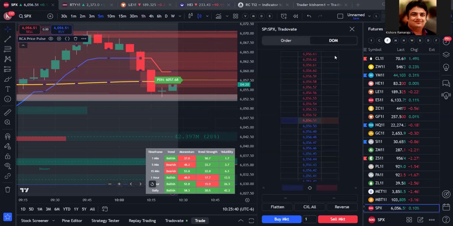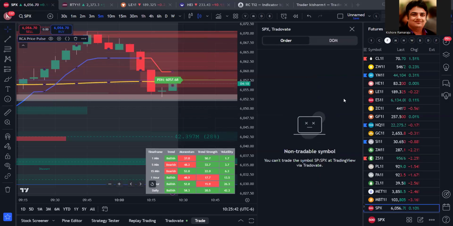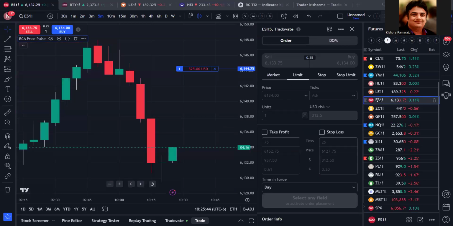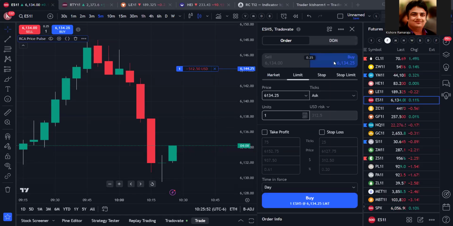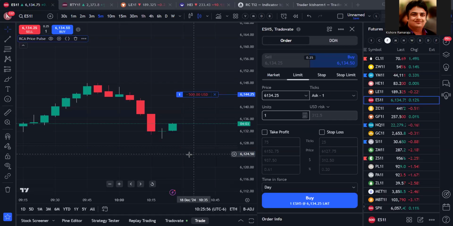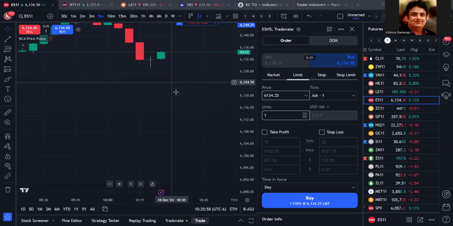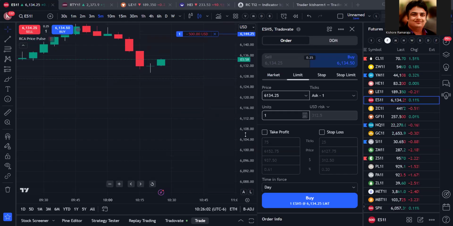For example, if I go to ES, I want to buy something. I can put something around, for example, I can say 6120.